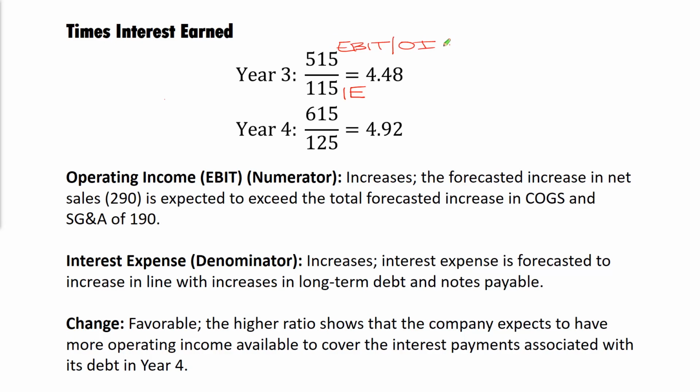So the idea is normally it would be operating income or EBIT. Generally speaking, you want to make sure it's before interest, because if you were to take earnings after interest, that would be a little weird when you're trying to compare interest expense. So it's basically saying, how many times do the earnings that we have allow us to pay our interest, right?